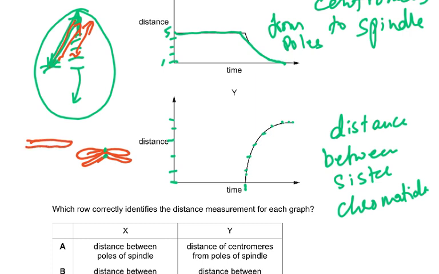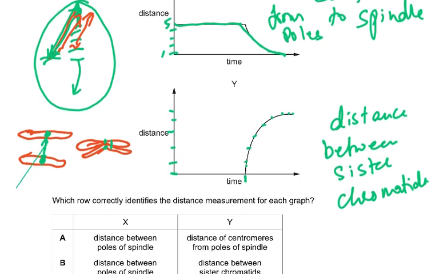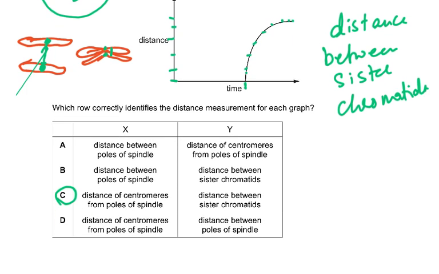This one is going to go apart and this one is going to go down here. So what is going to happen to the distance between the sister chromatids? This distance initially was this. Now it is this. I know it's a very difficult question. So distance between sister chromatids, please try to understand it. It's technically difficult, yes.